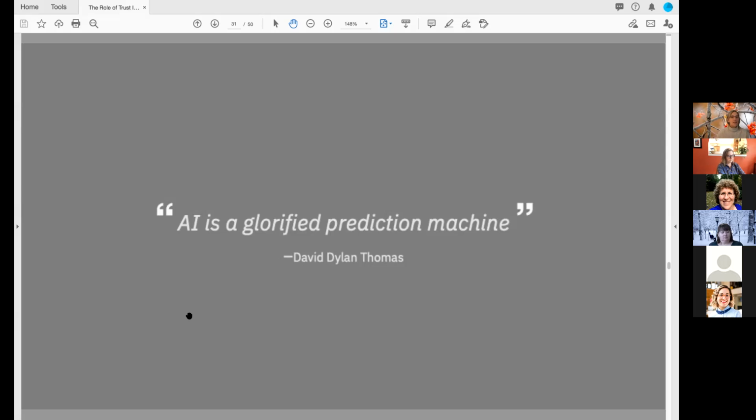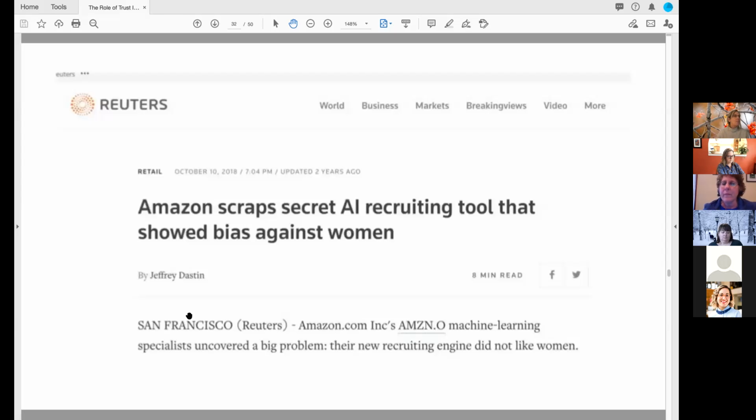So Amazon learned this the hard way a few years ago. Their HR used AI to review resumes and make hiring recommendations. The software was found to be more favorable to male applicants because its model was trained on resumes submitted to Amazon over the past decade, when many more male candidates were hired.